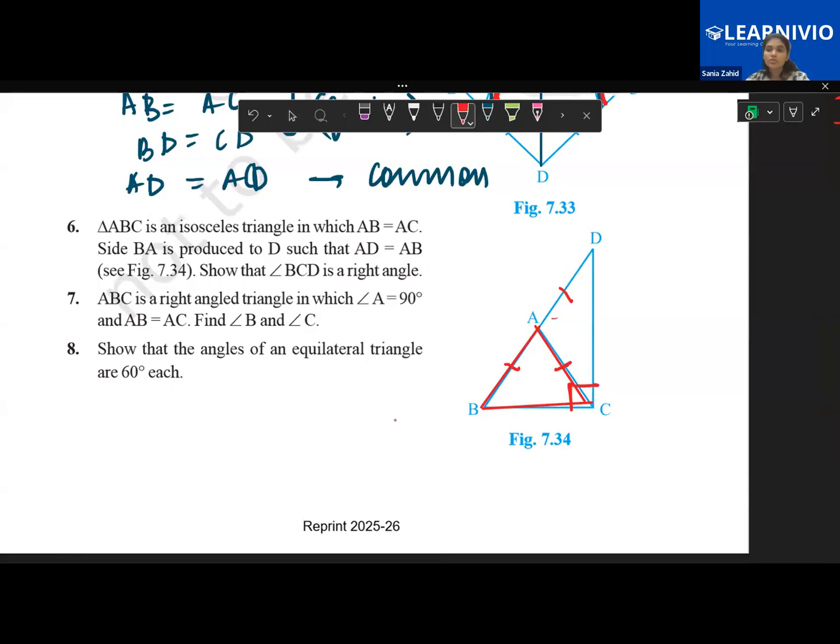Right? So all of you first of all copy the figure quickly. All of you will copy the figure and just do as I tell you.